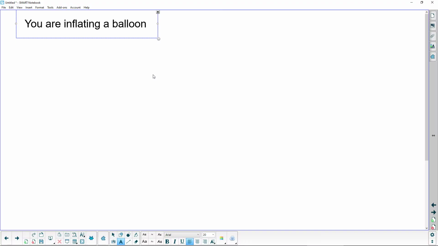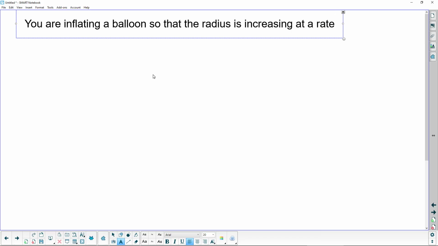Now we're going to assume that this is a spherical balloon, so that the radius is increasing, okay, at a rate of 2.0 centimeters per second.